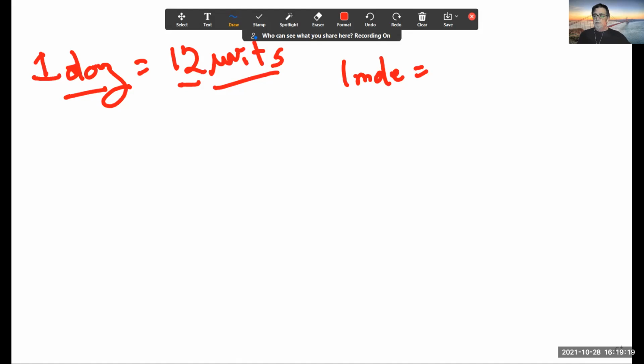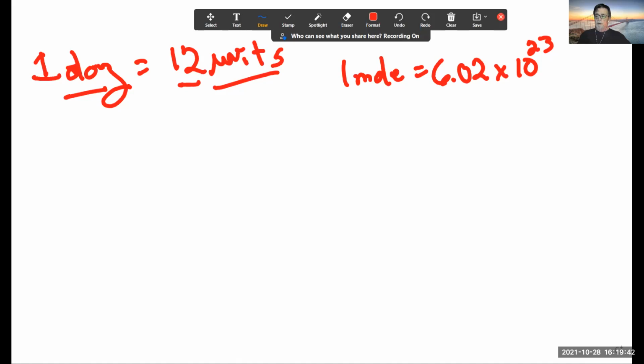In this case, it is a very large number. And it's going to bring you back to scientific notation, because we're going to have to refresh your memory on how to use scientific notation on your calculator, okay? And so 1 mole is a large number.